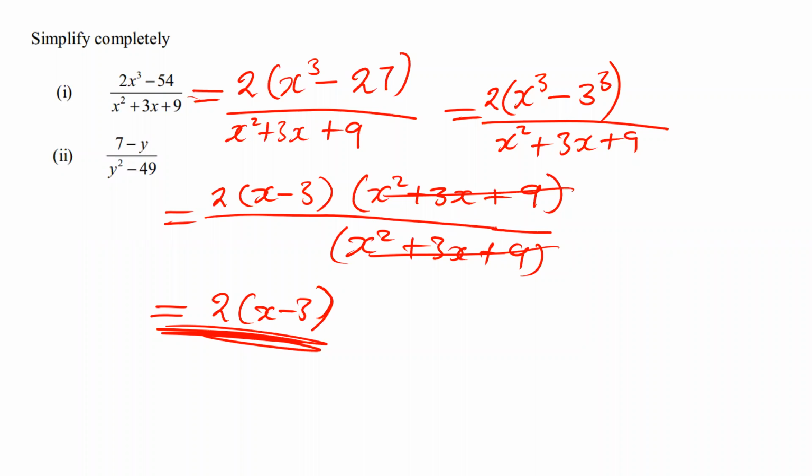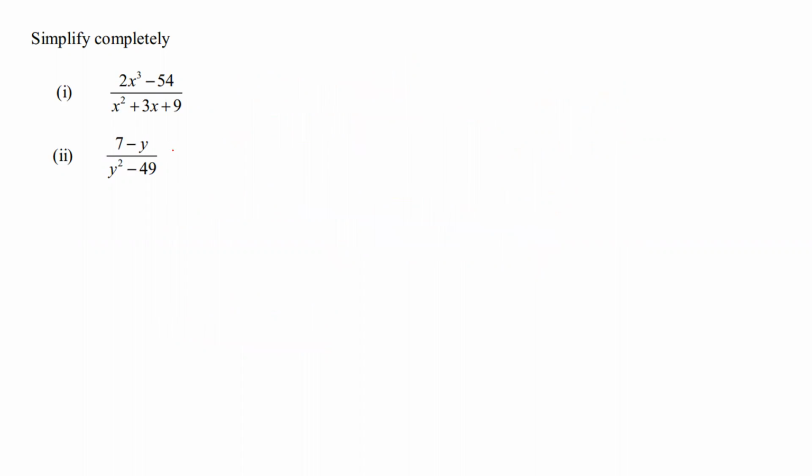Okay, let's look at another expression that we have here. So we have 7 minus y, and down here we have y squared minus 49. So 49 can also be written as 7 squared.